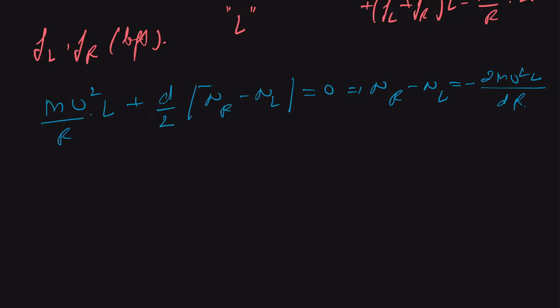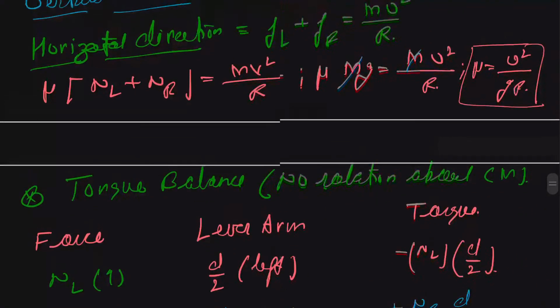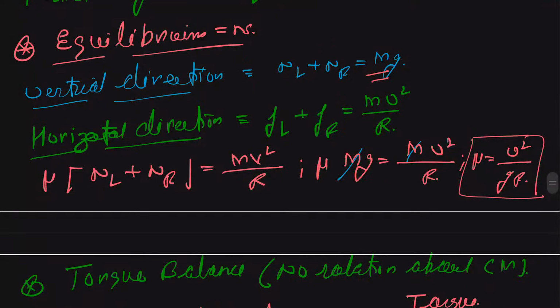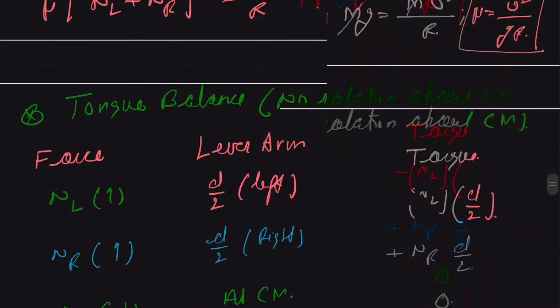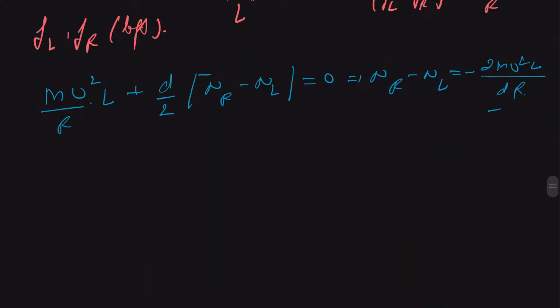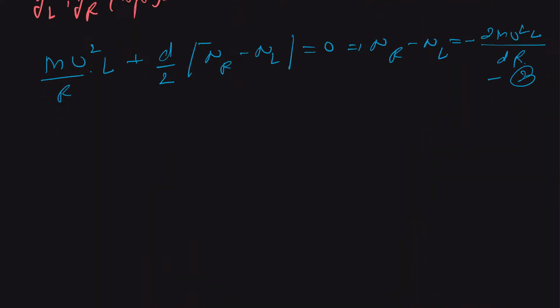So let us solve them. We have two equations, the first equation is this one, and this is our second equation. We simply add them, equation 1 plus equation 2.